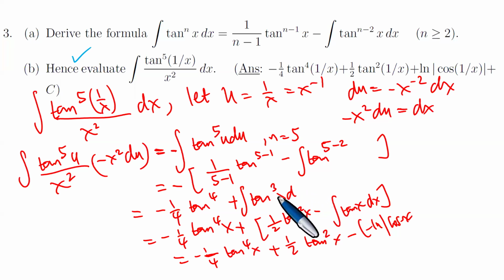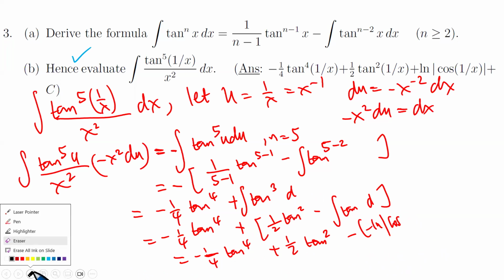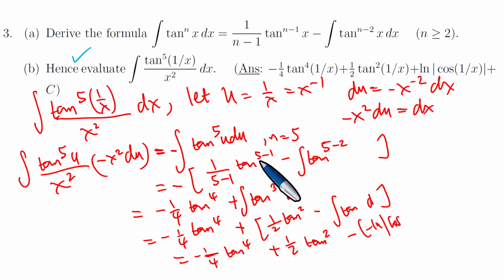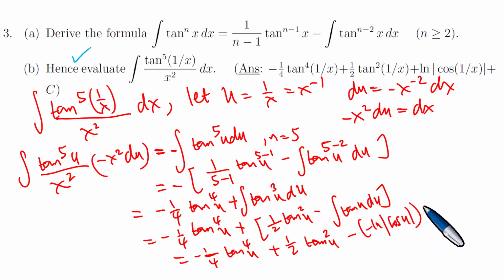Everything must become u here, u, u, du, and then this one is going to be u plus c.